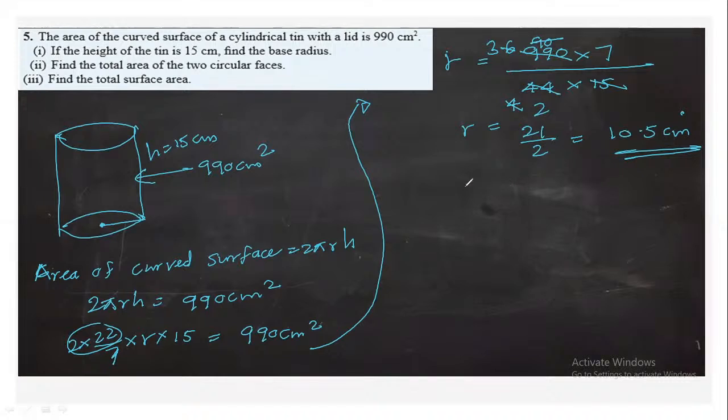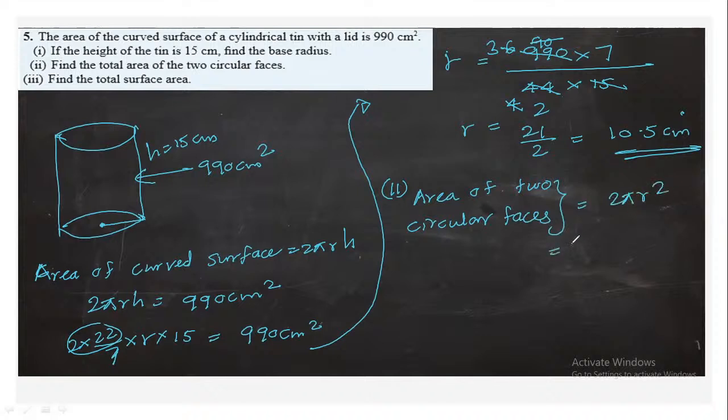This is the radius, and now find the total area of the two circular faces. Then we can write area of two circular faces, 2πr squared: 2 into 22 over 7 into 10.5 into 10.5.